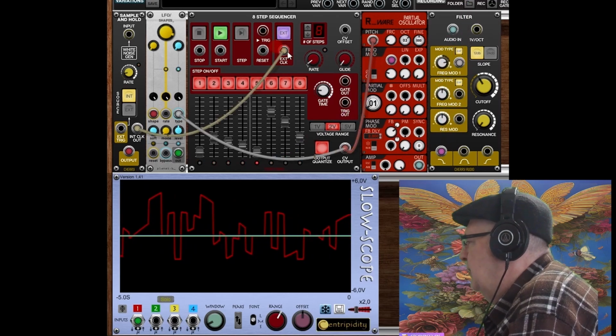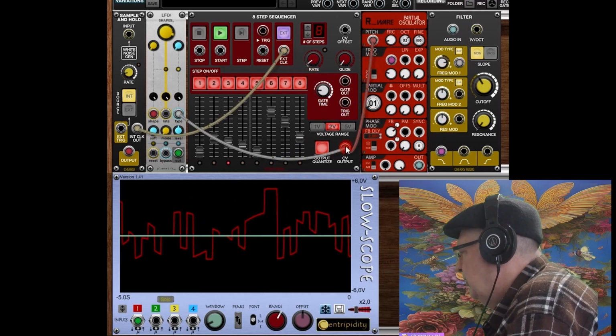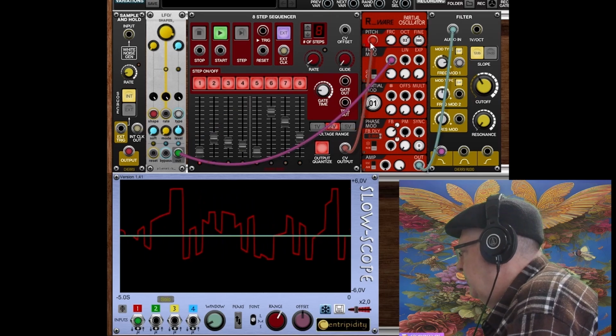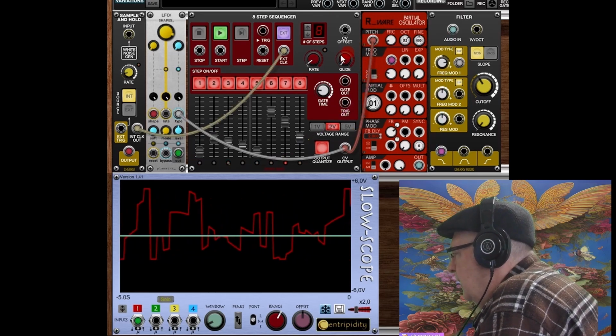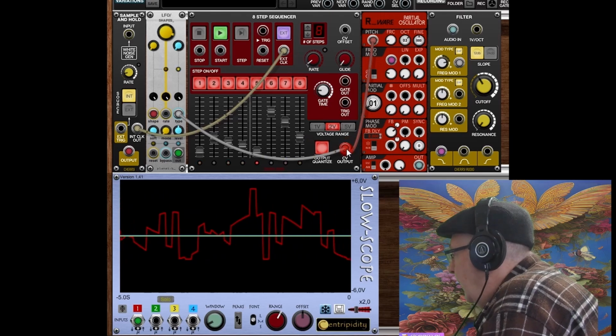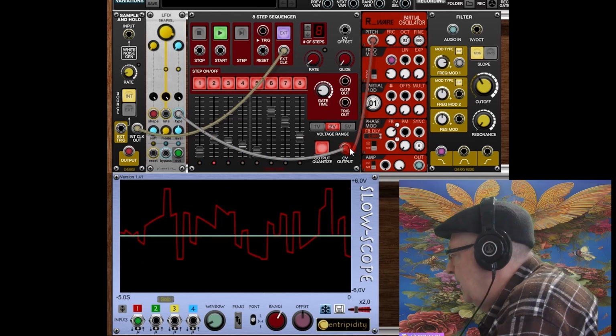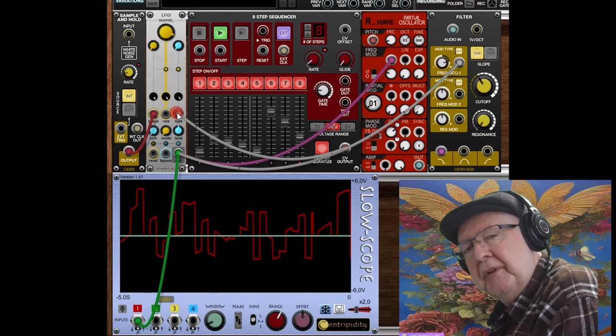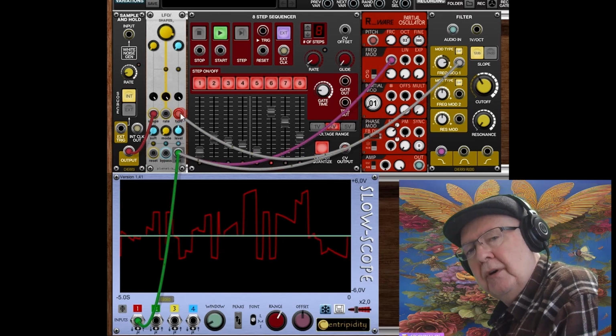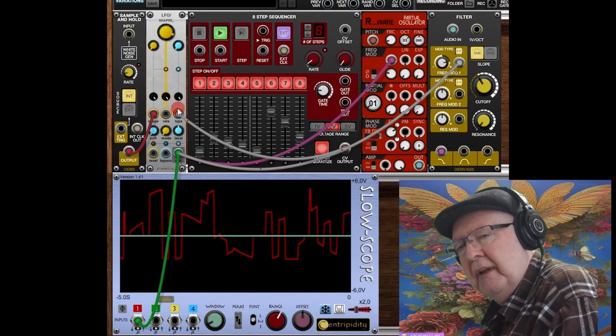The melody comes from the 8-step sequencer, which modulates the partial oscillator's pitch, and as well, and that's important, the type parameter of the LFO. So the type changes according to the pitch of the notes that we hear.